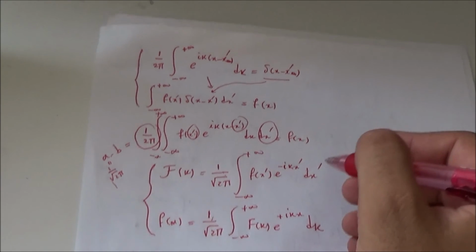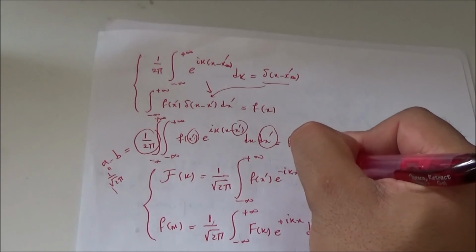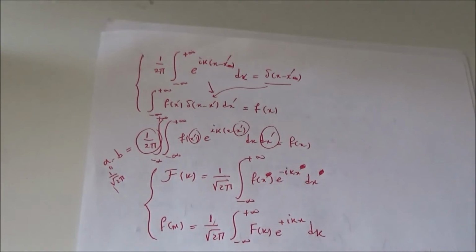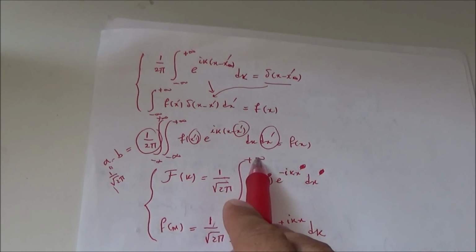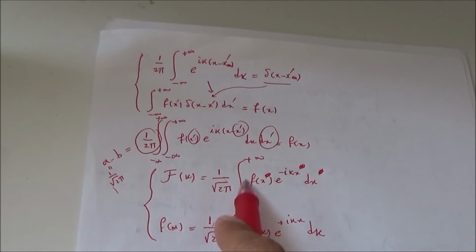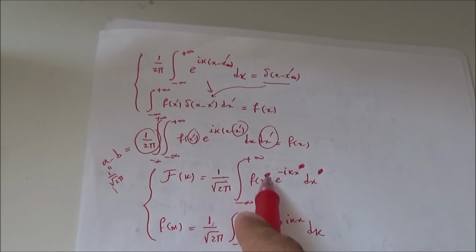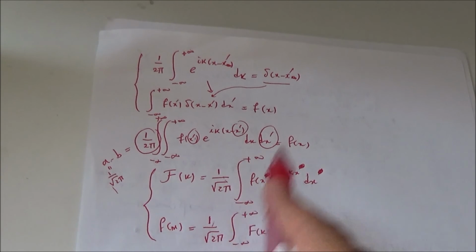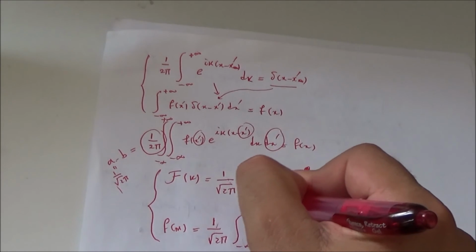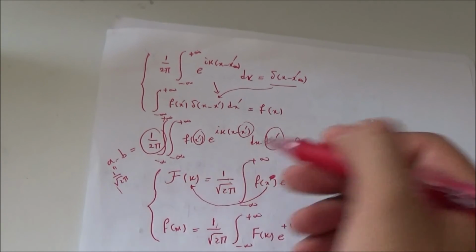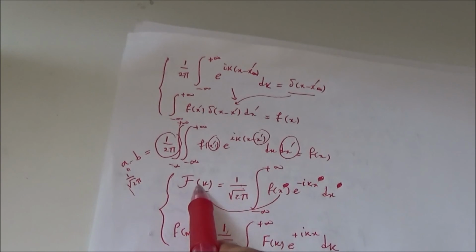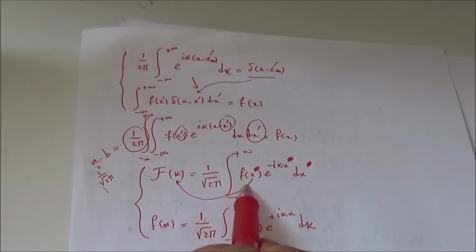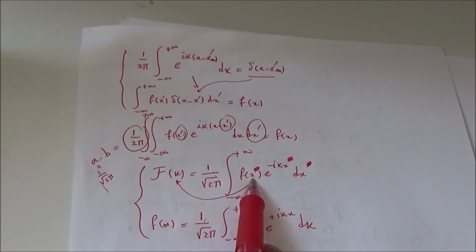If I replace this x prime by x, this integral takes the original function f of x and changes the variable from x to another variable k in the Fourier domain. We call this function the Fourier transformation of the function f of x.